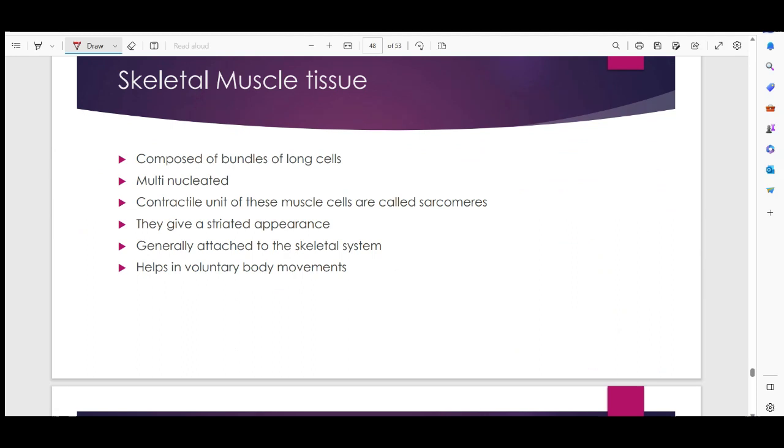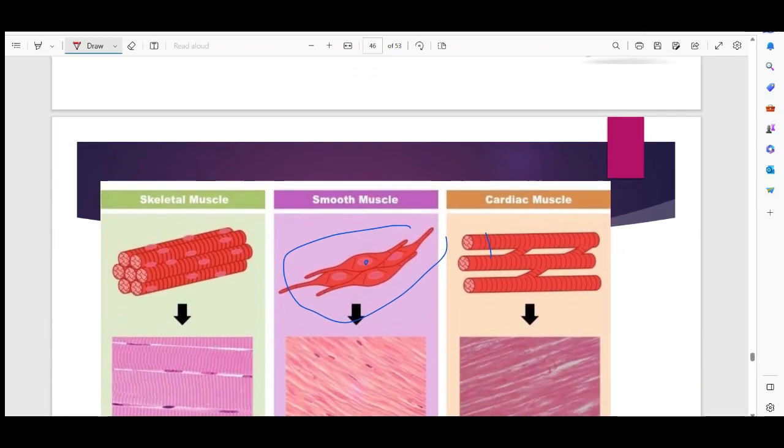And next we have skeletal muscles, which form our skeletal system. Again, we talk about its shape, whether it has a lot of nuclei, no nuclei or one nucleus, then the striations, and then the function, whether it's voluntary or involuntary. Let me show a diagram.